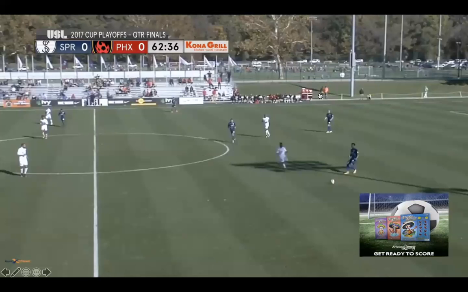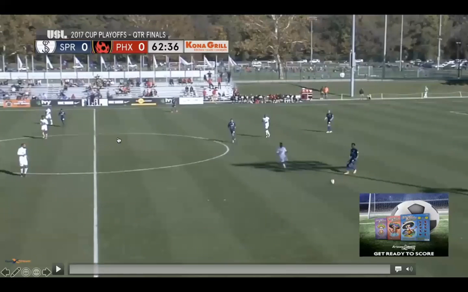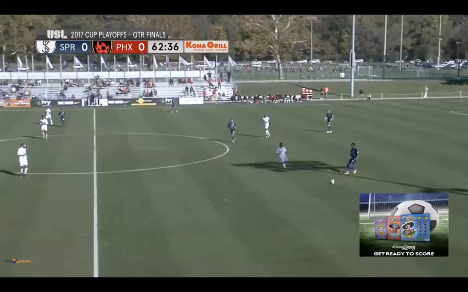Now, if a player goes to ground, the ball's in the defensive third, and nobody's anywhere near scoring a goal, then we're going to go ahead and stop play for a little kid who's on the ground crying. Again, the main thing is we don't want to take away an attacking opportunity from a team to deal with an injury. And in this last clip, if we had stopped the game there for the injured player, we would have been taking away a really good attacking opportunity.